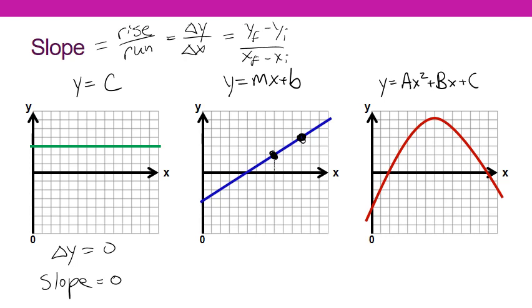We would find where the first point is on the x-axis, find where the second point is on the x-axis, and that would allow us to calculate delta x. Then we would come over and find where the first point is on the y-axis, find where the second point is on the y-axis, and this would allow us to calculate delta y. And then the ratio of those two would be the slope.